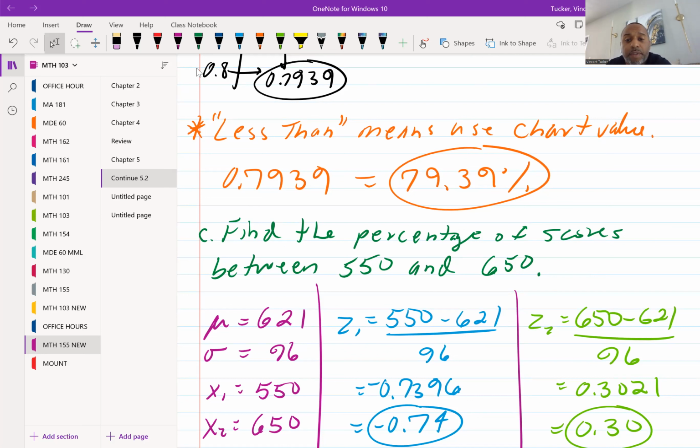So the first one, 550 minus 621 divided by 96 is negative 0.7396, negative 0.74. And then 650 minus 621 divided by 96, 0.3021, which would be 0.30.